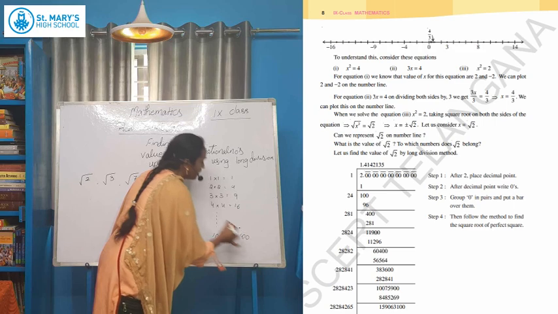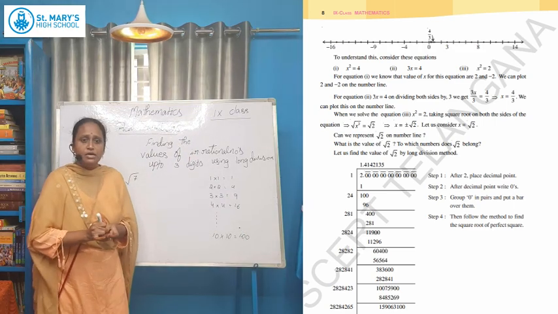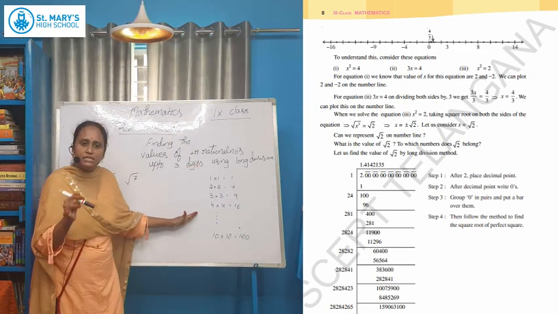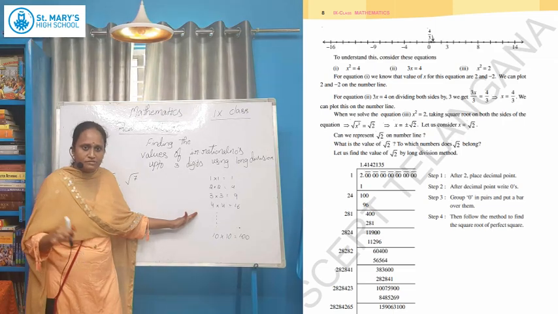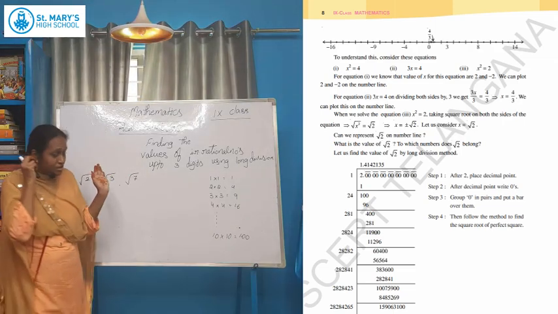Yes or no? Yes. So by using these perfect square numbers, we can find the irrational number values.